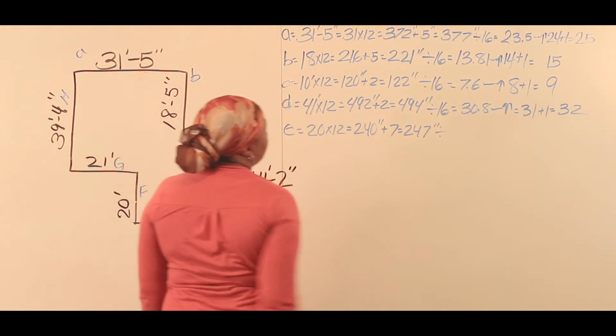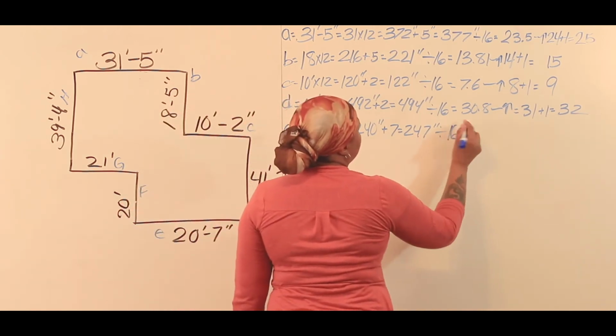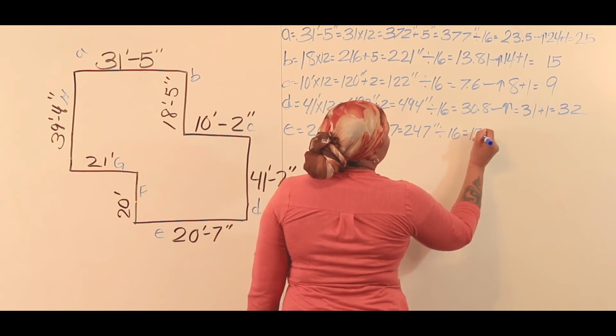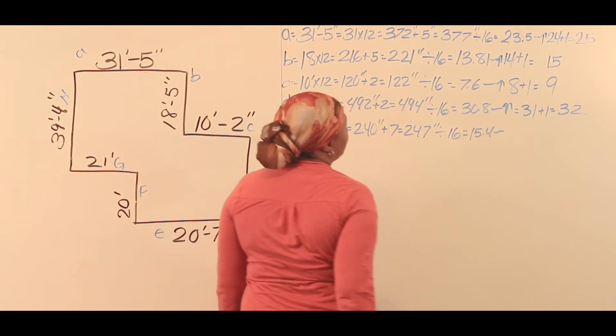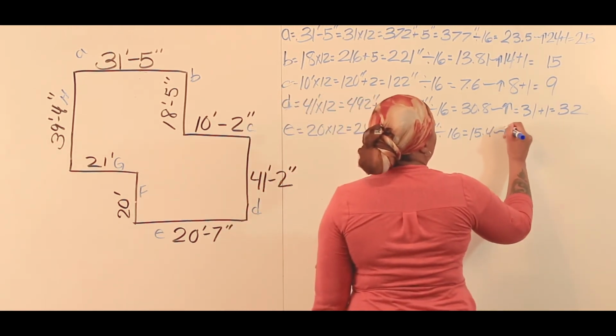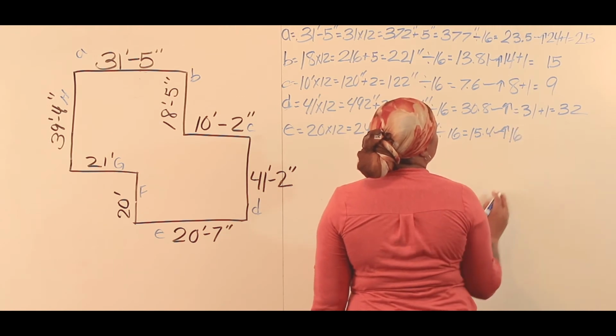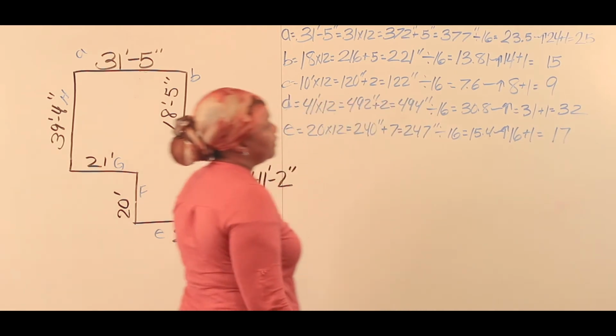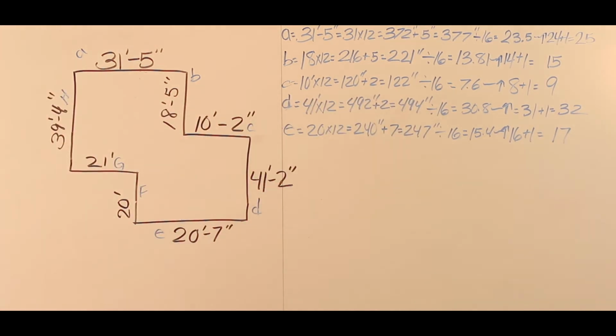Next step, divide by 16. When you divide that by 16, you get 15.4. So we go up to 16, plus the 1, the starter stud. We would need 17 studs there.